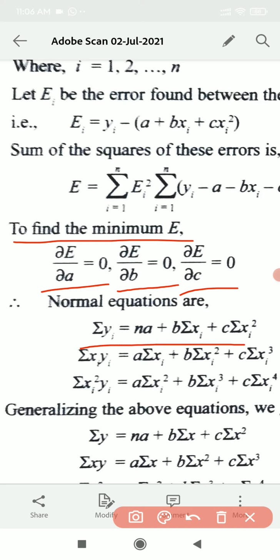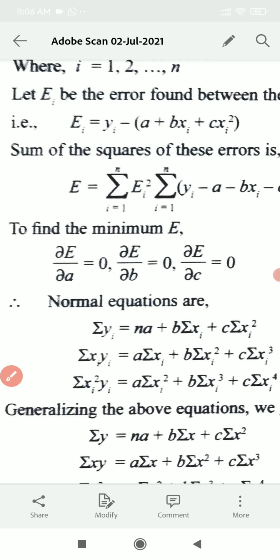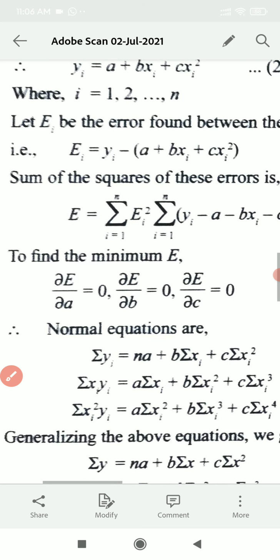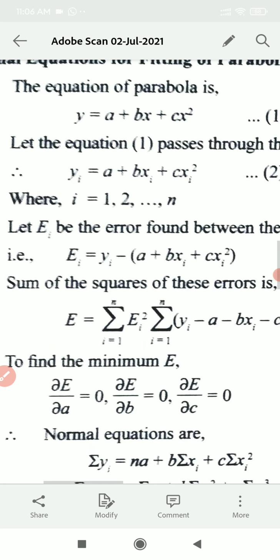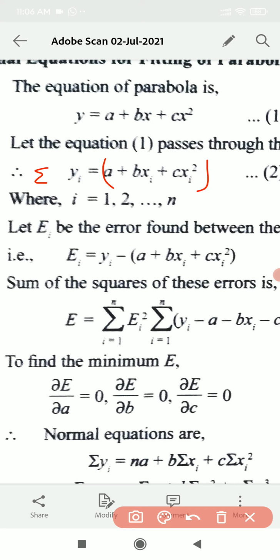Just now I told you that you will put summation on both sides. So if we put summation on both sides, it will be summation yi, which is written here.